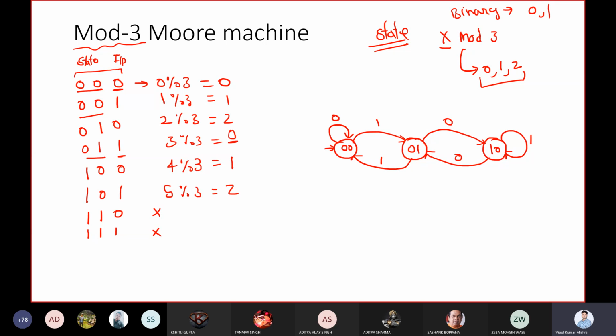So once you got this state machine, the next task is how to design the circuit for that, because that is most important for us. Let me erase all this because that is required to make this state machine.